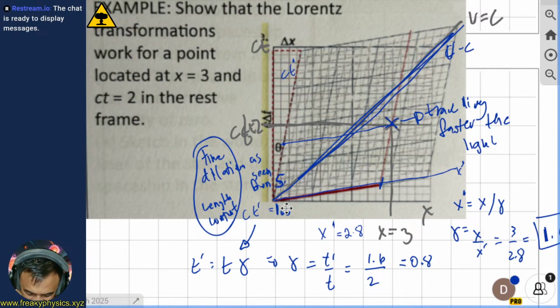Let's take a look again. 1, 2, 3, 4, 5, 6, 7, 8, and then 2, 3, 4, 5, 10, 14. What's 14 out of 15 times 5?